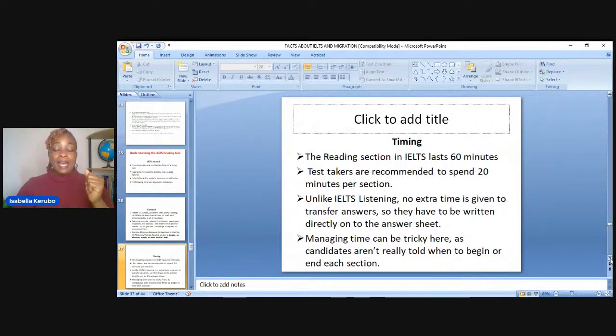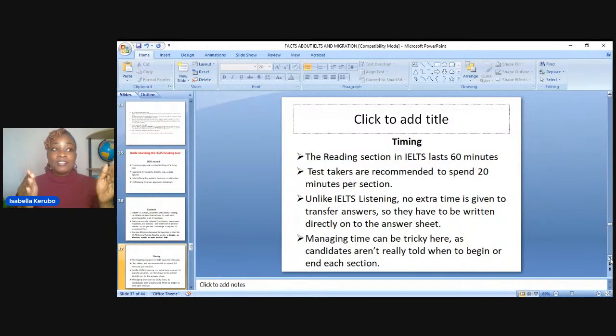Next is about the timing. Unlike the listening test, which I talked about, the timing being 30 minutes plus 10 minutes, a total of 40 minutes, when it comes to the IELTS reading section, you are given 60 minutes to finish the test. And one major difference you need to understand is that, unlike the IELTS listening, you do not have any extra time.